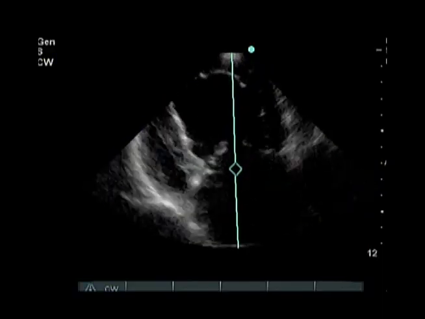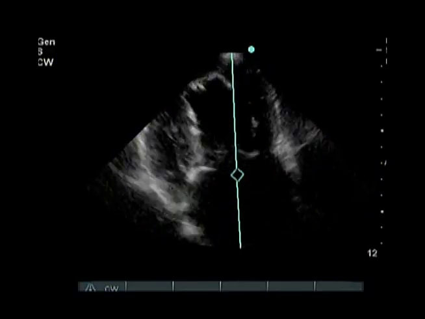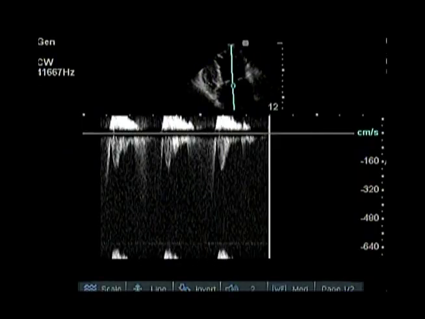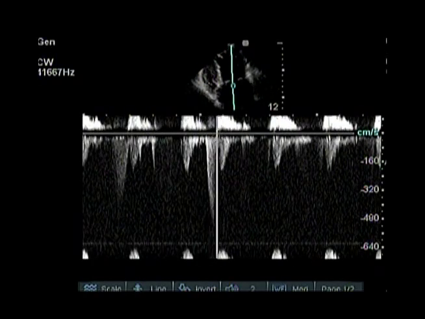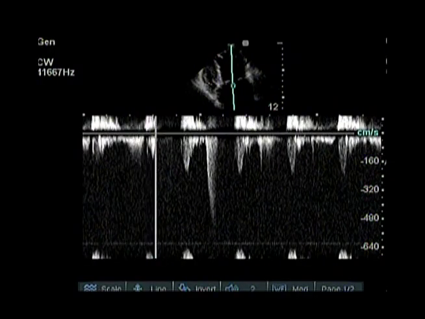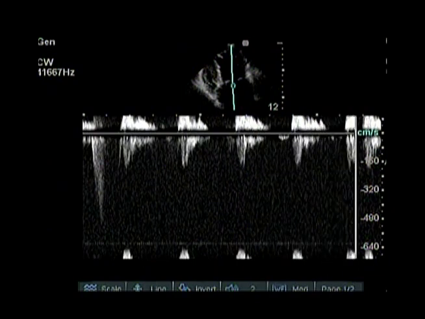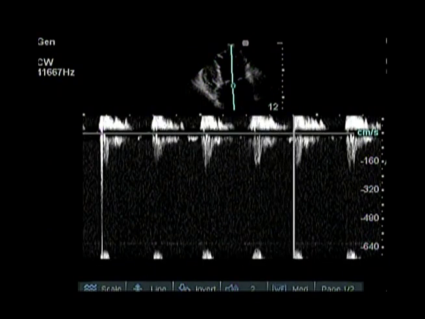Sometimes the insufficiency goes straight through the mitral valve toward the dorsal left atrium. It is most accurate to place the spectral Doppler cursor through the middle of the mitral valve from a left apical four-chamber view.